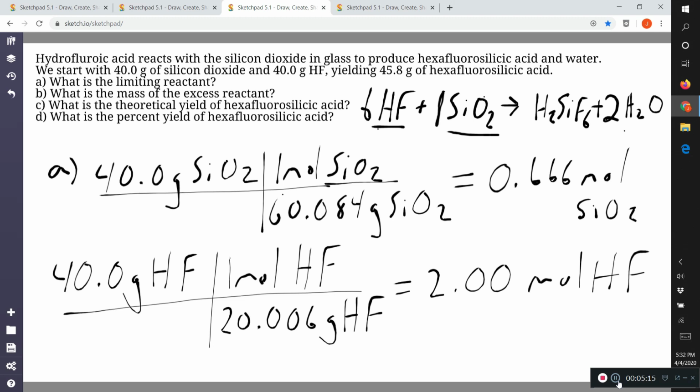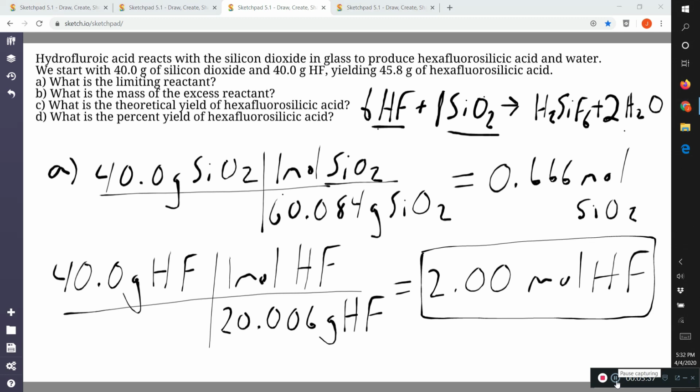And we don't have that. We don't have enough hydrofluoric acid to use up all of that silicon dioxide. So our limiting reactant is actually the 2 moles of hydrofluoric acid. We're going to use that to do parts B and C.